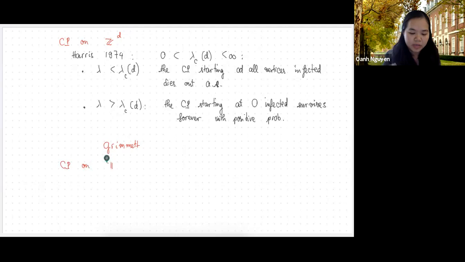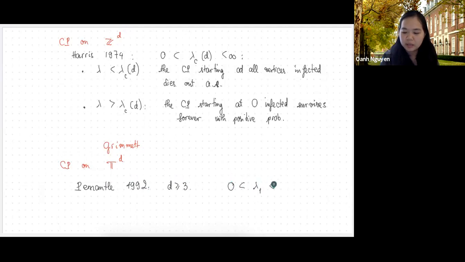Okay. Now for the contact process on the regular tree T_d, there is a very classical result by Pemantle in 1992, who showed that for d bigger than or equal to 3, there are two thresholds, a two-phase transition here, lambda_1 and lambda_2, strictly smaller and finite, such that if lambda is between 0 and lambda_1, we are in the extinction phase.